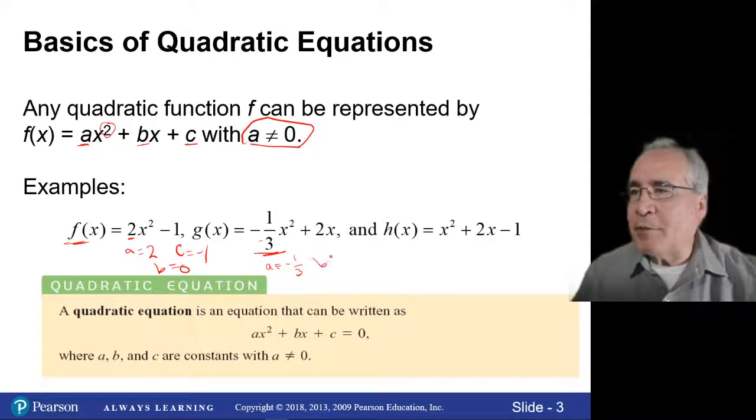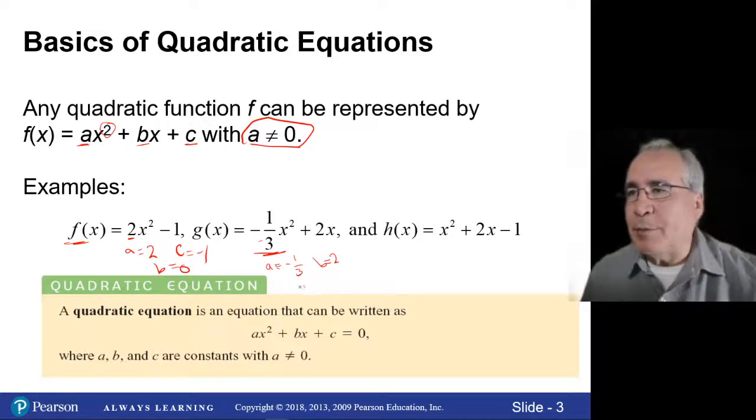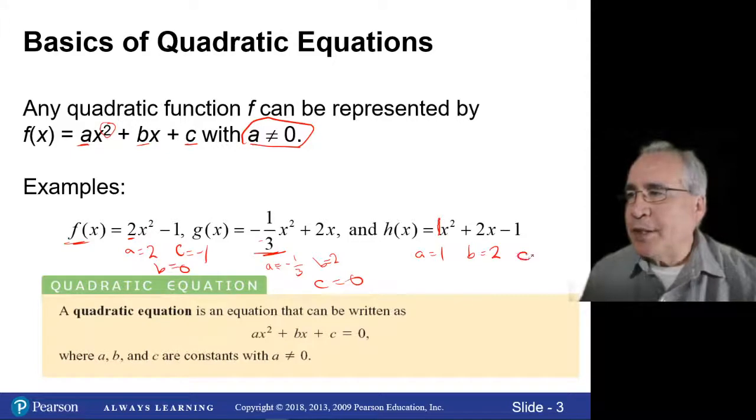B in this case equals 2, and since there is no number that's just by itself, the c part, c must be 0. Okay. And then we've got h of x where we've got all three of them, and a is here, it's an invisible 1. So a equals 1, b equals 2, c equals -1.